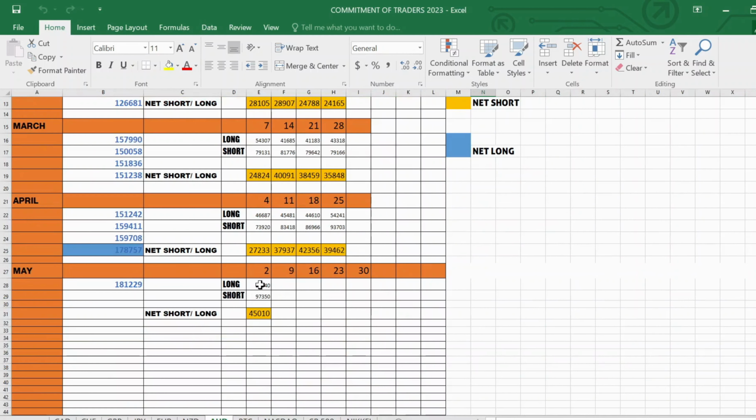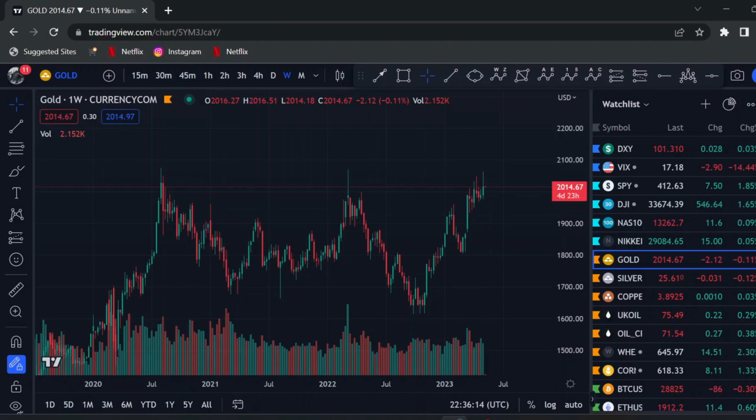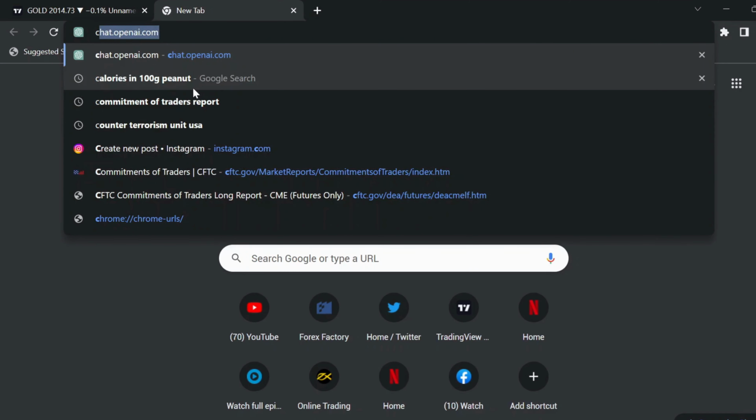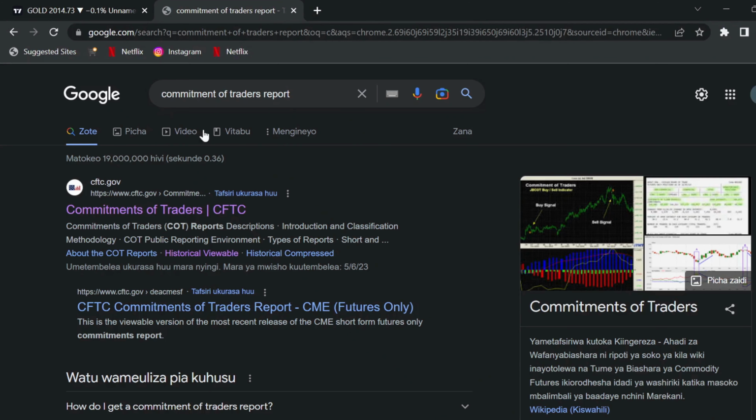And you can find this report on the COT website. Just go to search Commitment of Traders, the very first website.